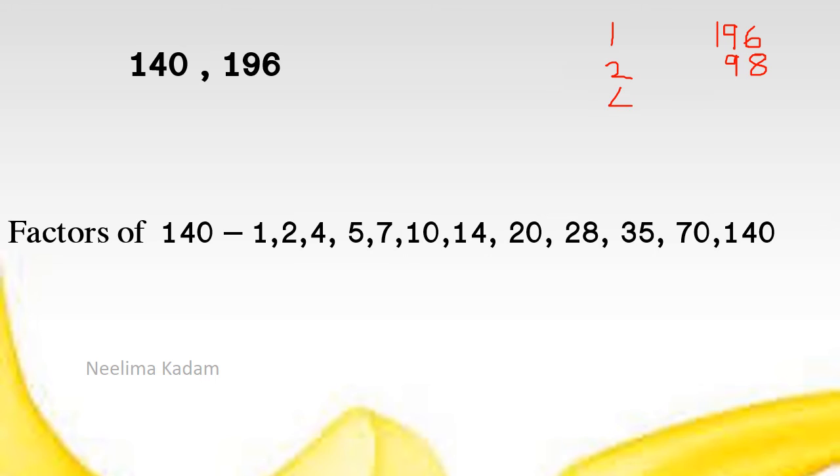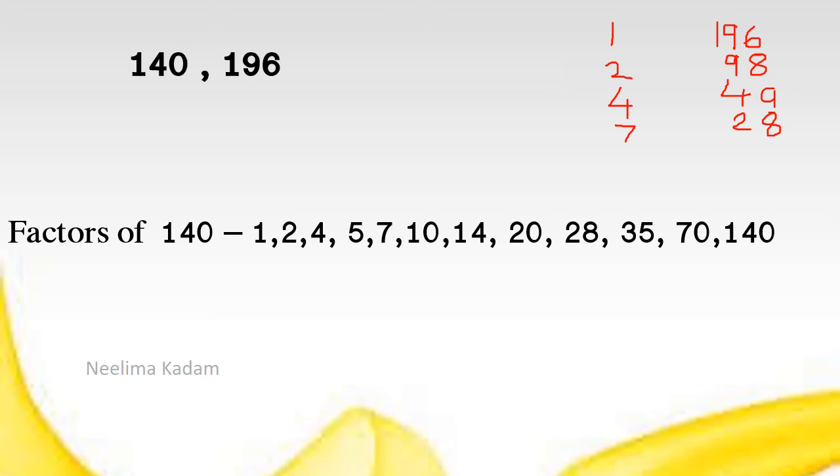Then 4. 4 4s are 16. 4 9s are 36. Then 5. No. 6. It is not divisible by 3. Therefore also not divisible by 6. Next 7. 7 2s are 14. 7 8s are 56. Okay. Now 8. 8 2s are, no, not possible.